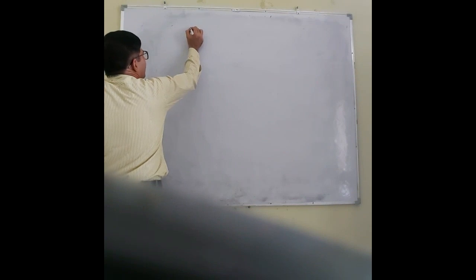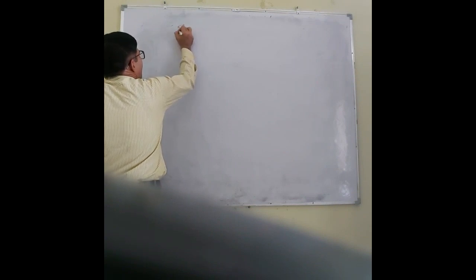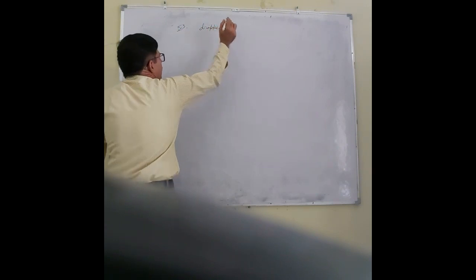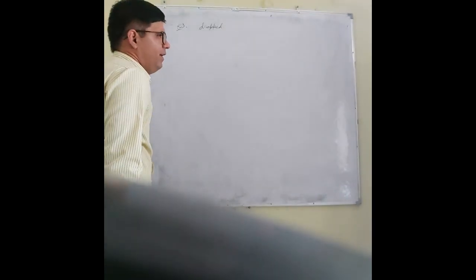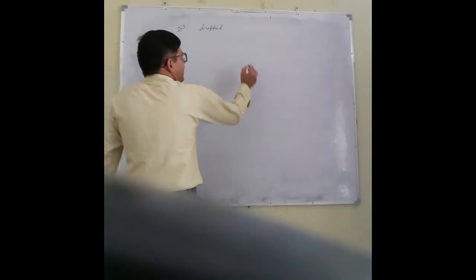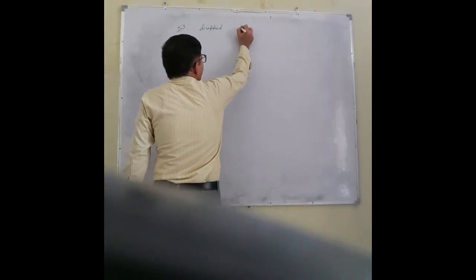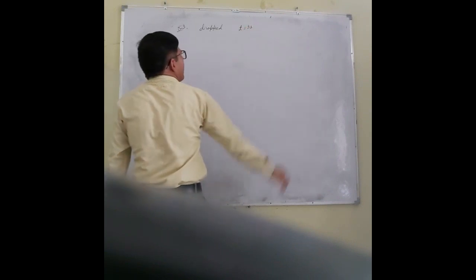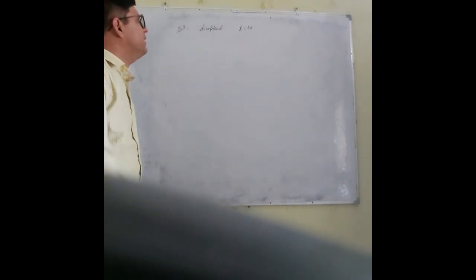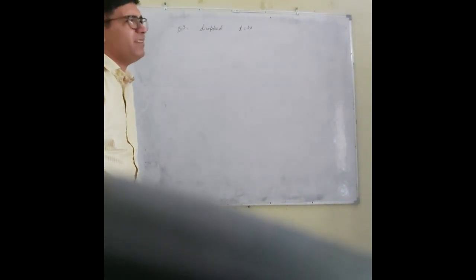A ball dropped from rest. When dropped, it means it is at rest. A ball is dropped from a certain height such that it reaches the ground in 3 seconds.